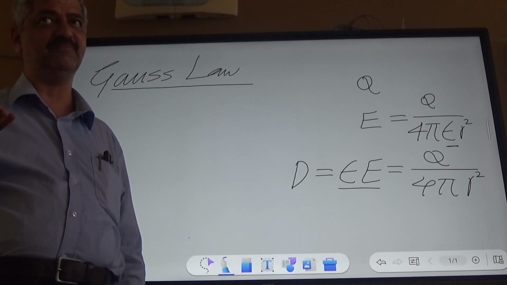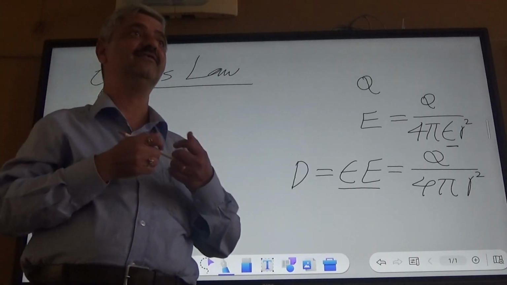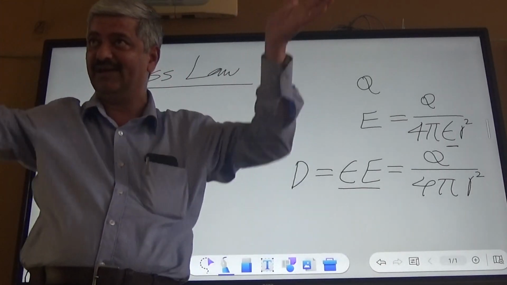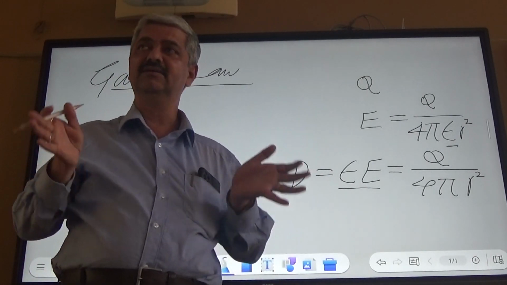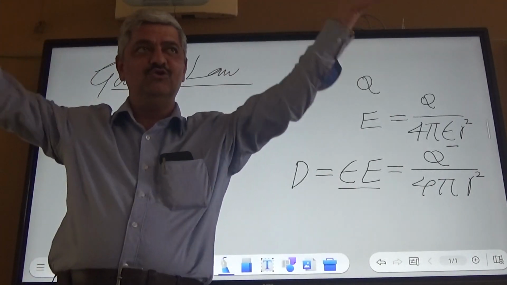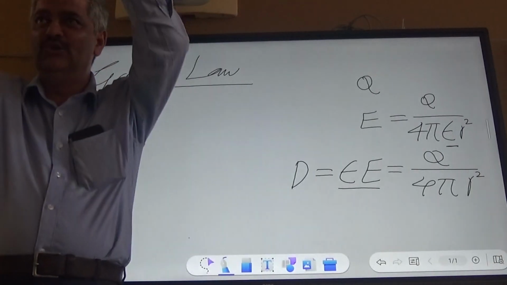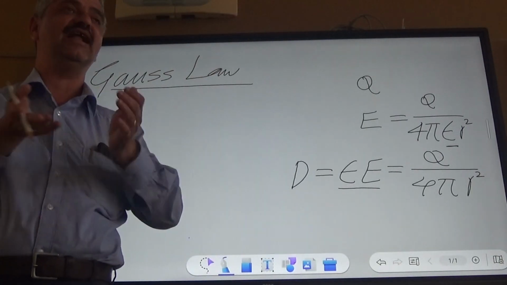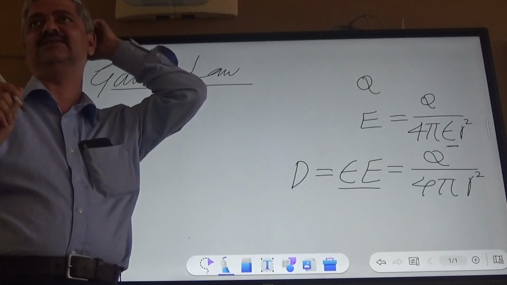So the word outward is applicable for a closed surface. Because when there is a closed surface, it segregates the entire volume in Euclidean space into two subsets: volume inside the surface and volume outside the surface. So there outward is defined.